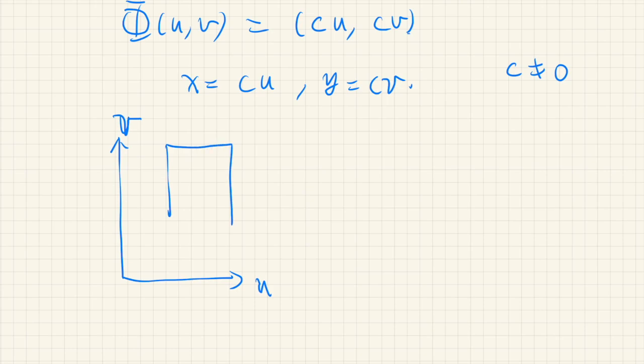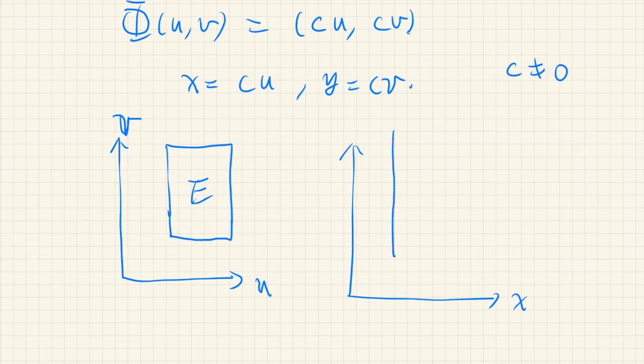If this is a rectangle E in UV space, the image D becomes also a rectangle in XY space. These two rectangles are similar, but scaled by c.